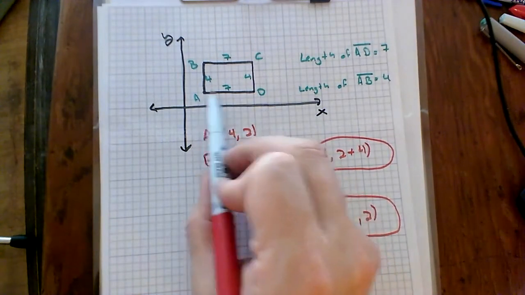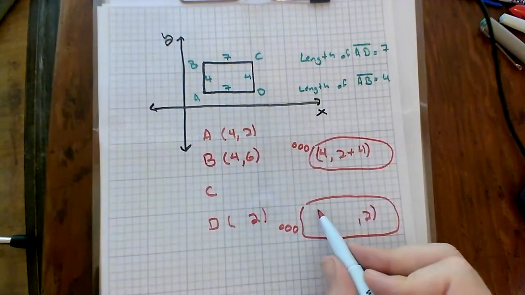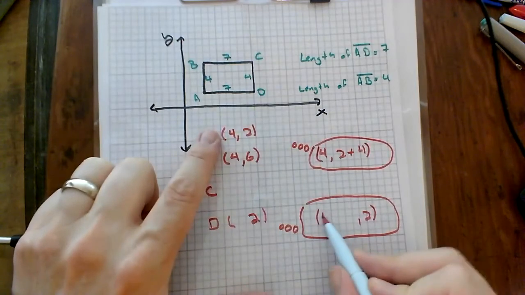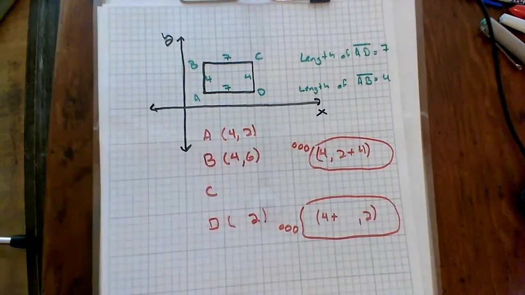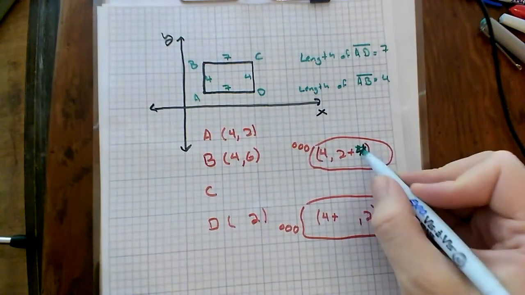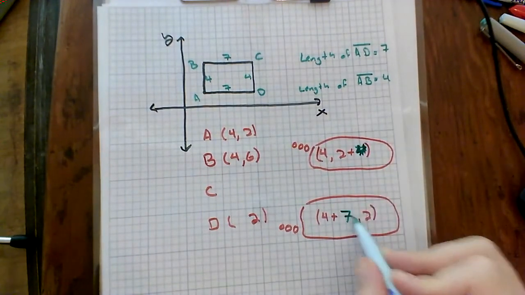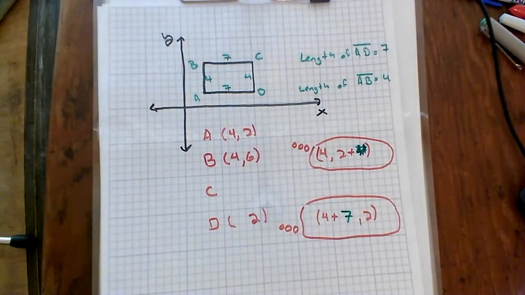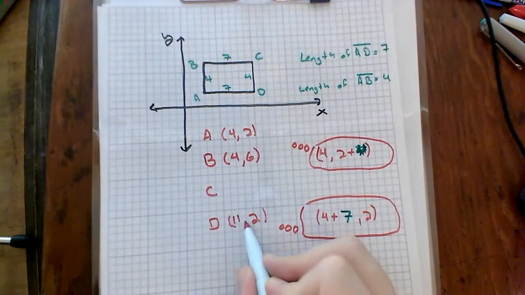And this time it's increasing by 7. So I take that original value and I'm adding, actually I should probably color code these so it's a little clearer what's happening. That's a 4 there. And here I'm adding 7. So 4 plus 7 is going to be 11.